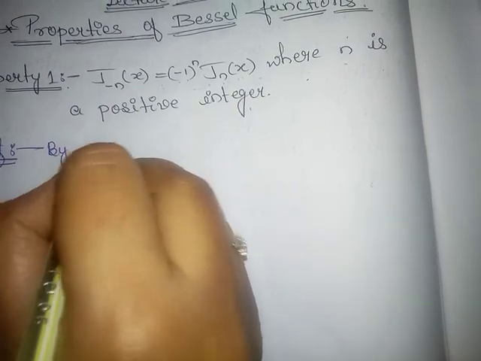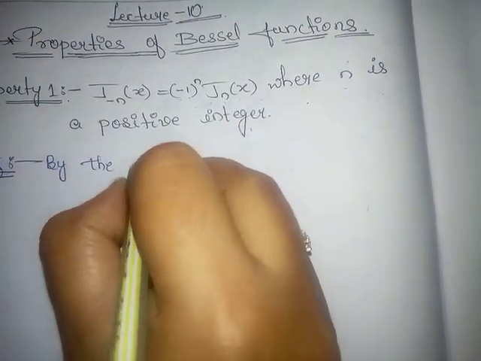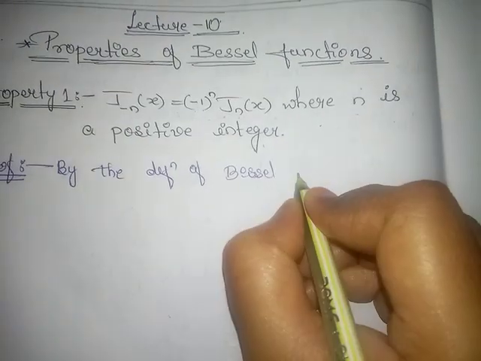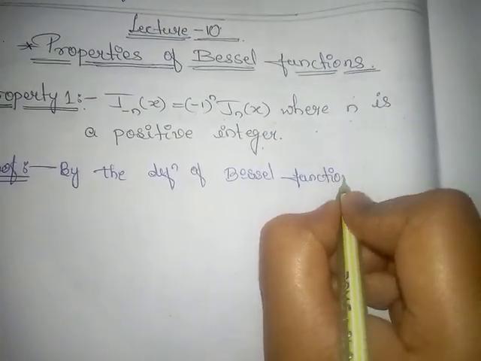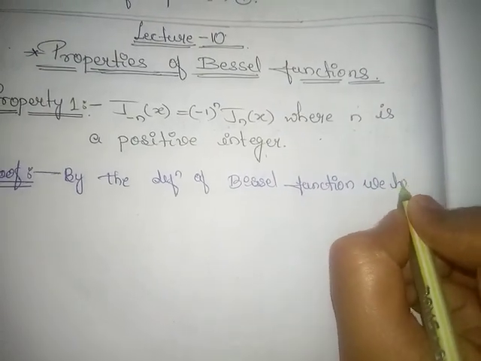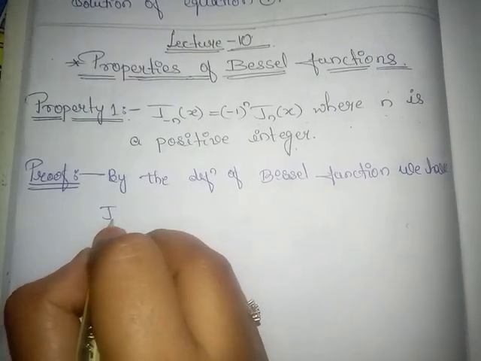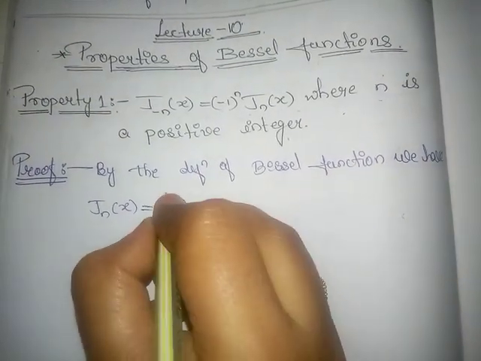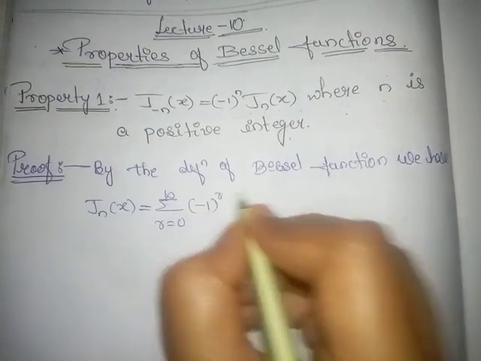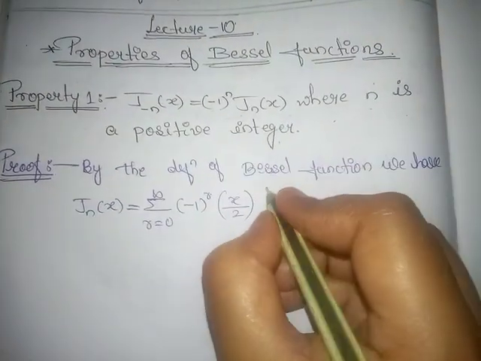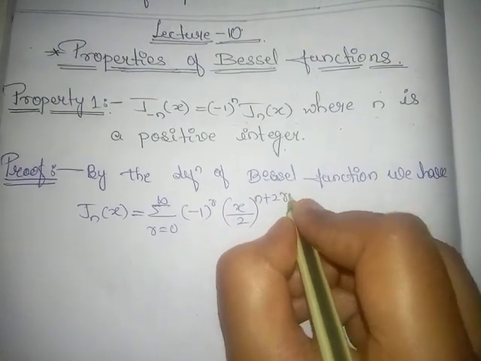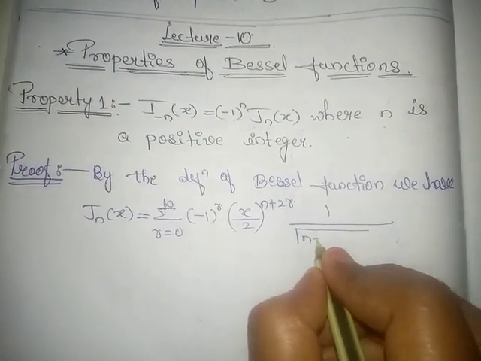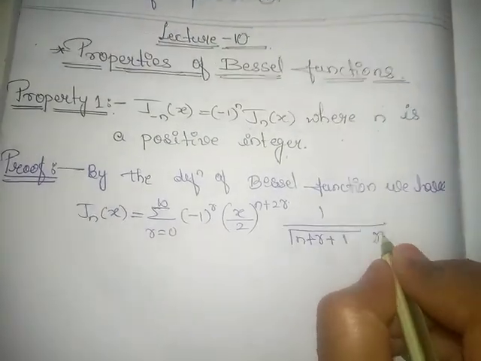by the definition of Bessel function, we have the expression of Jn of x: Jn of x is equal to summation r running from 0 to infinity, minus 1 raised to r, x by 2 whole raised to n plus 2r, into 1 divided by gamma of n plus r plus 1 into r factorial.